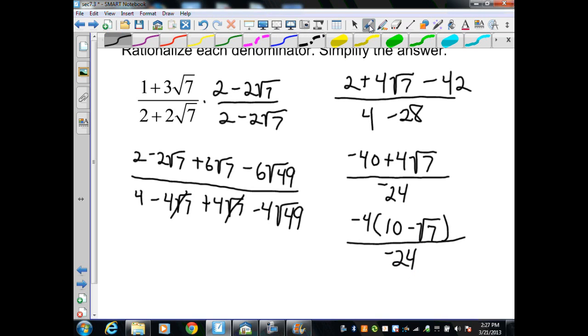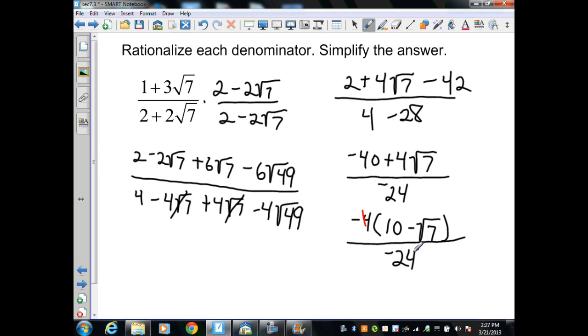And finally, that's going to simplify. The negative and a negative, the negatives are going to cancel out. 4 is going to cancel into 24, which is 6. And my final answer is 10 minus the square root of 7 over 6.